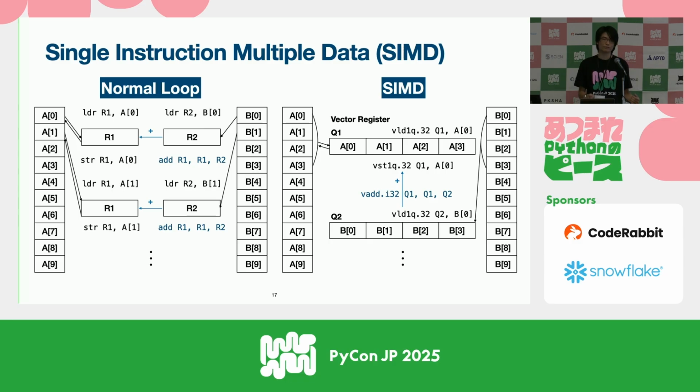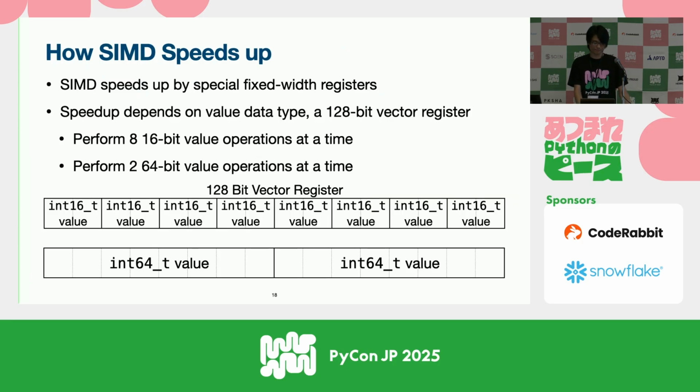After looping through the whole buffer, the number of instructions executed with SIMD is way fewer than the normal loop. That is how it speeds up. SIMD speeds up with this kind of special register.